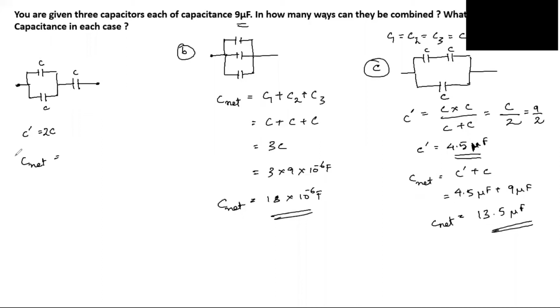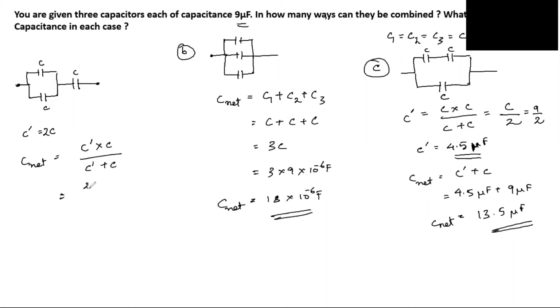So we proceed with the same earlier formula: 1 by C net is equal to 1 by C1 plus 1 by C2. Now in this case, for C1 we will be using C dash, and for C2 we will be using C. Right, so C dash multiplied by C by C dash plus C. Okay. So if you rearrange them, you will get this formula.